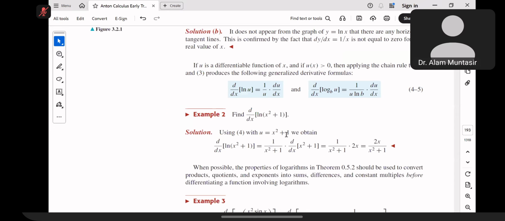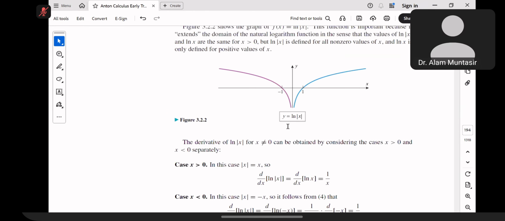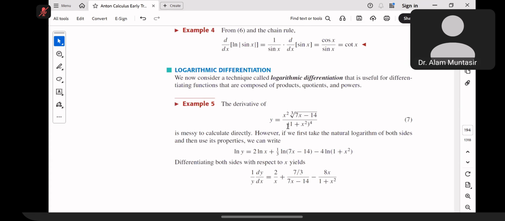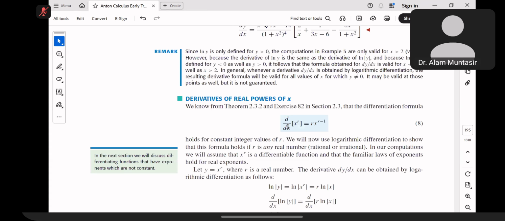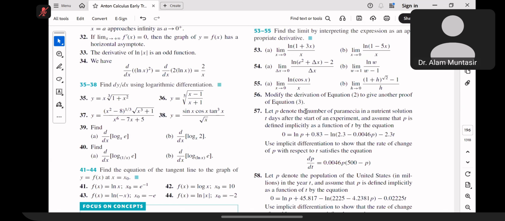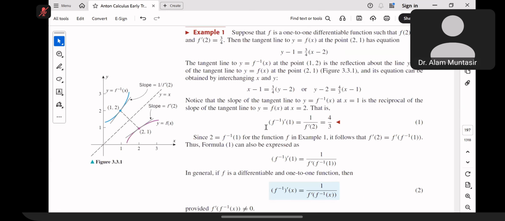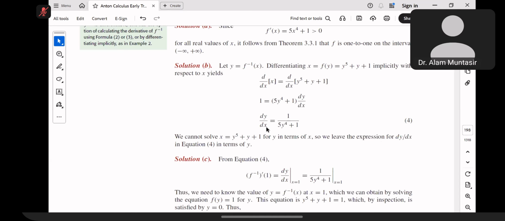So based on these 3 rules or 3 differentiation formulas, you can solve the remaining problems from this chapter. Okay, so this is your homework. Just revise the formulas and get the differentiation.